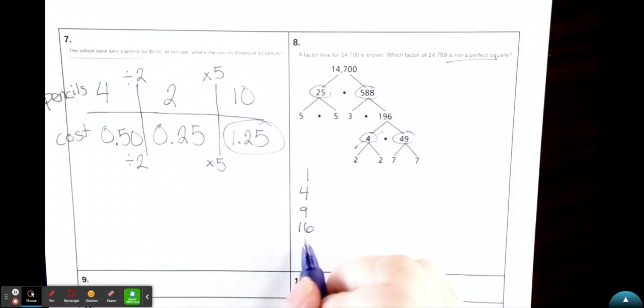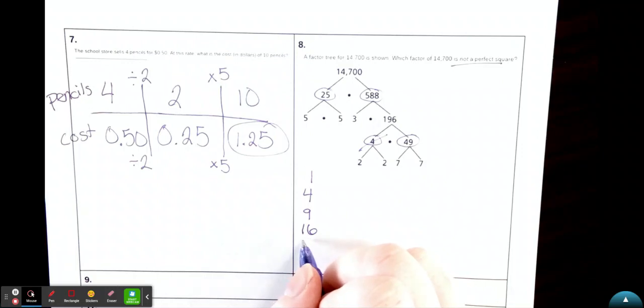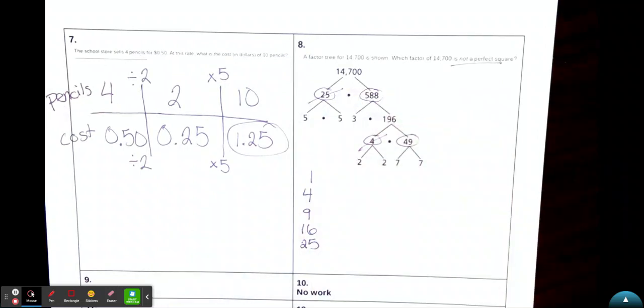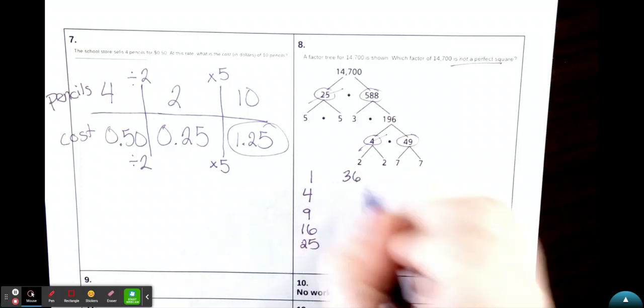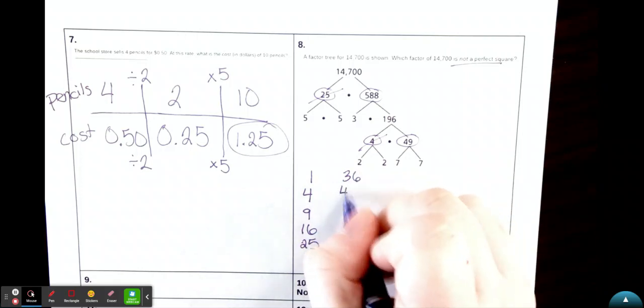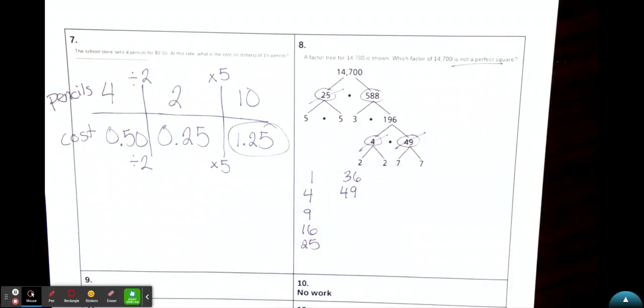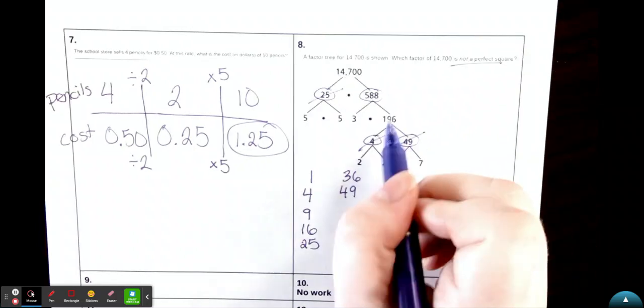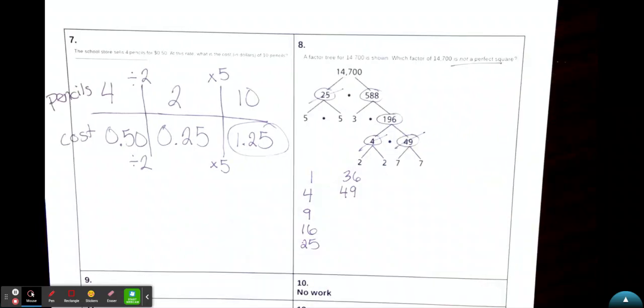After 16, we have 25. Oh, we have 25 up here, so that is a perfect square. Okay. 6 times 6, 36. 7 times 7, 49. All right. Okay. I'm just going to check for 196.